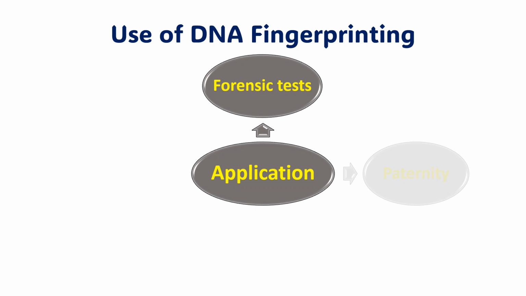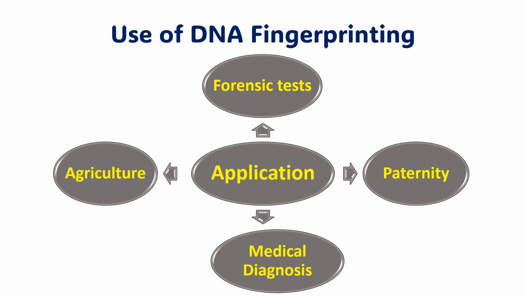I will tell you only four important applications now, and later we will talk about the detailed applications of DNA fingerprinting. It is used in forensic sciences, where we identify criminals or detect suspects from crime sites and other places.